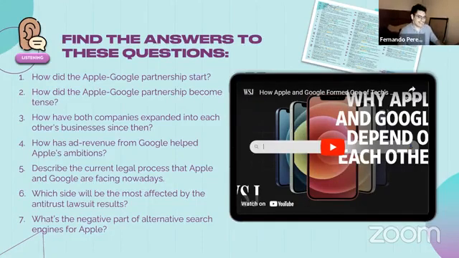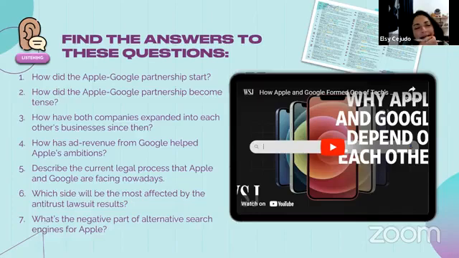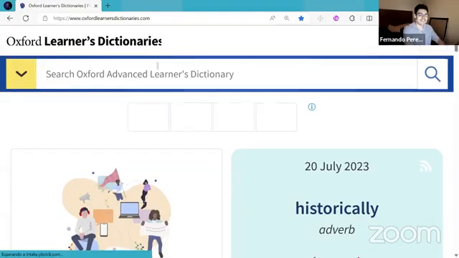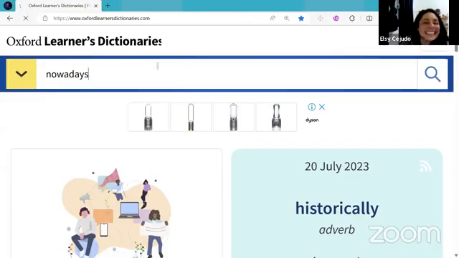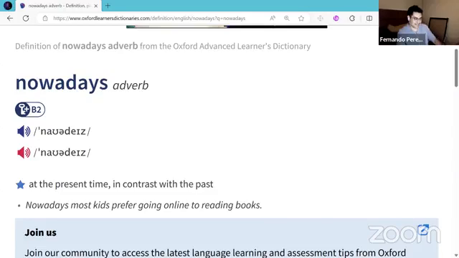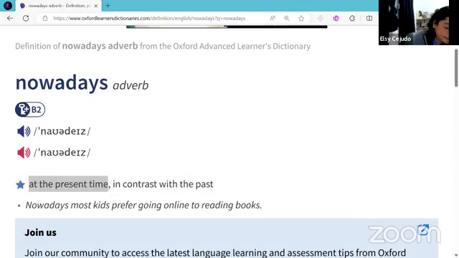You want to check? Does the word nowadays exist? You always say nowadays, no? Embarrassing. Check it out. This is a B2 word: at the present time. You can say at the present time, no?